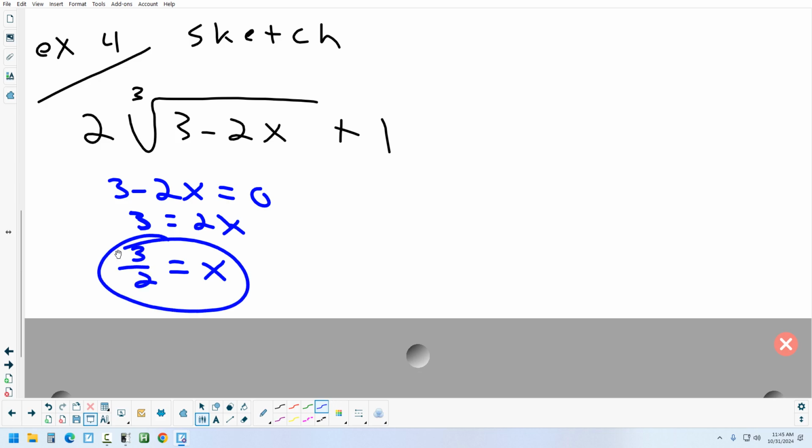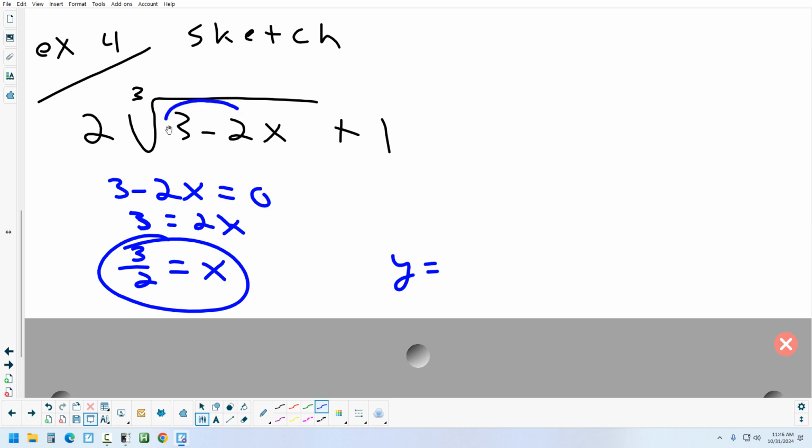Okay. Now I need the y value. Well, if you plug 3 over 2 in, what's 3 over 2 times 2? Yep. 3. And what's 3 minus 3? 0. It should be because that's the number we found when we set it equal to 0.